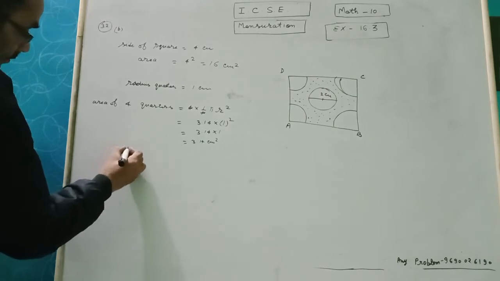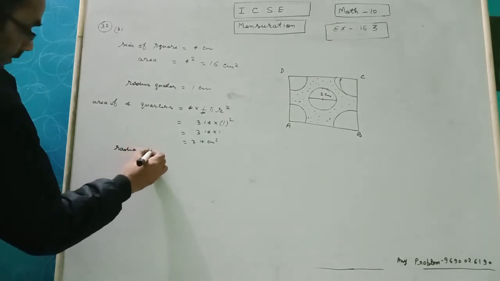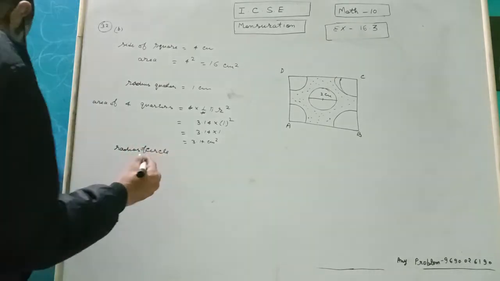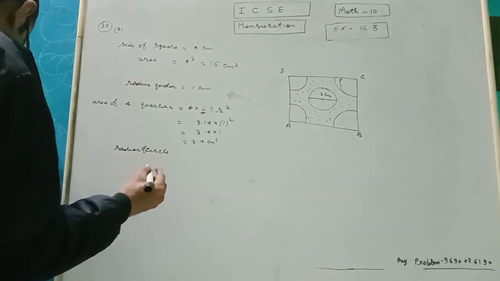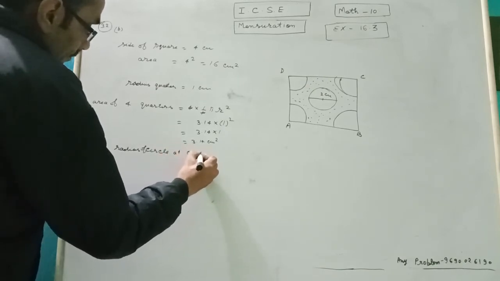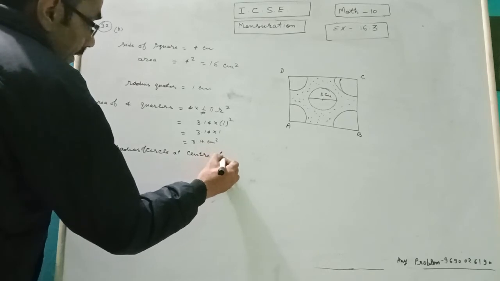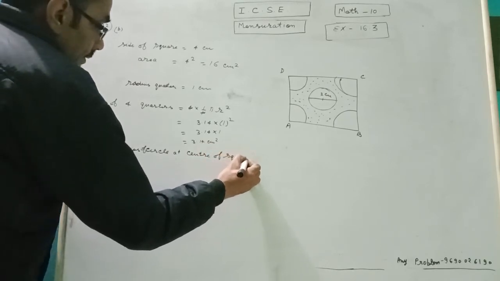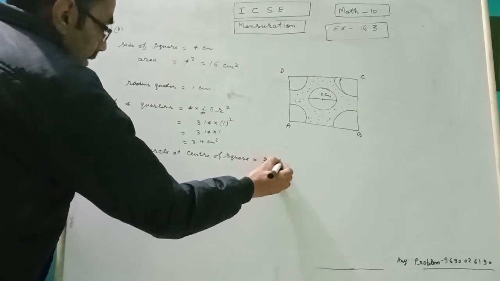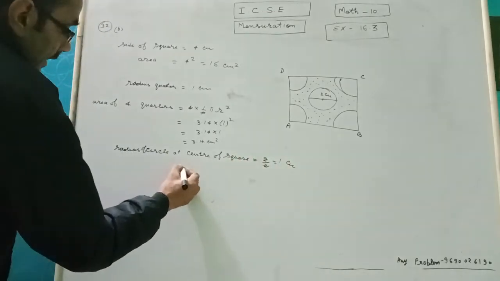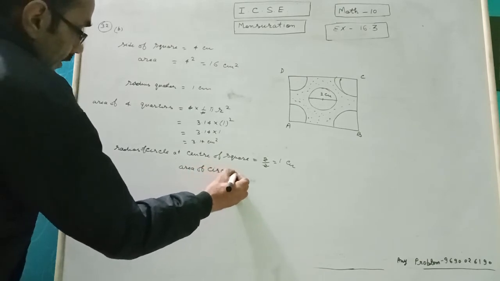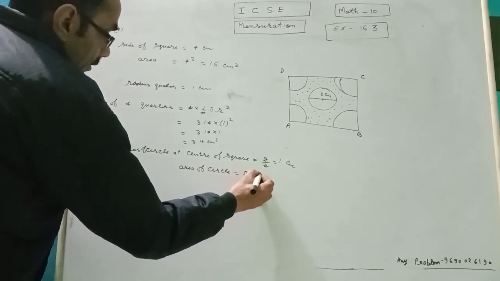Radius of circle at middle. Circle at center of square is equal to 2/2 is equal to 1 cm. Then area of circle is equal to pi into 1 square.